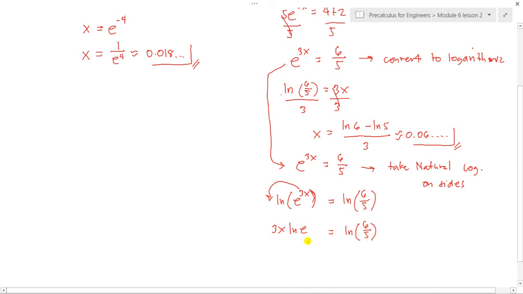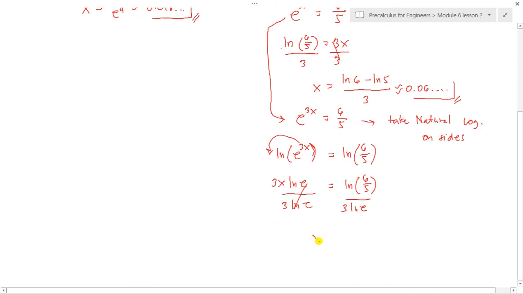Here the variable is no longer in the exponent, so we simply divide by 3 ln of e to solve for x. That is x is equal to ln of 6 over 5, all over 3 ln of e. Since ln of e is equal to 1 by property, it becomes 3.